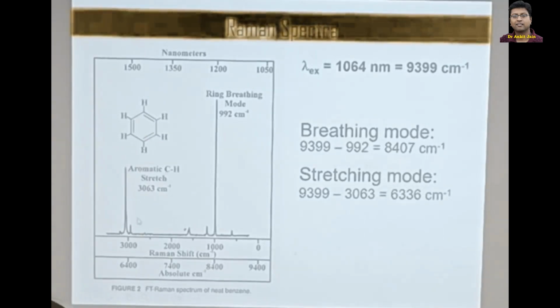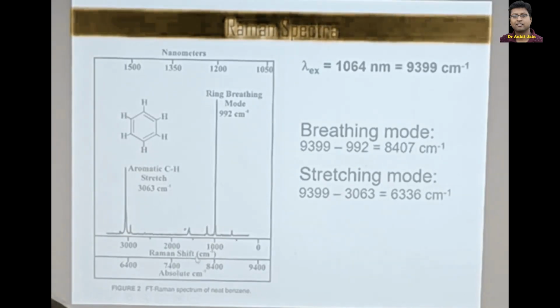So this particular peak position, which is around 3063 centimeter inverse, corresponds to the CH bonds that are present in benzene. And all the CH bonds which are present in any other molecule will be present at the same position, not just this molecule. And if there is a ring structure, then a ring breathing mode, which is at 992 centimeter inverse, will be present not just for benzene, but also for toluene, for naphthalene, and so on, showing that there is a ring kind of structure available.